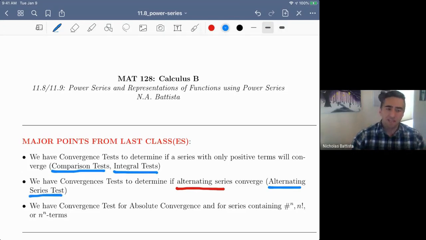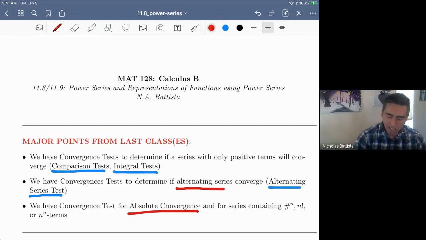And lastly, what we spent a little bit of time discussing was what happens if a series has both positive and negative terms, but there's no discernible pattern in which terms are positive and which are negative. This is where we started thinking about ideas like absolute convergence, basically saying if a series is absolutely convergent, any assortment of negative signs sprinkled within that series will also result in a convergent series.